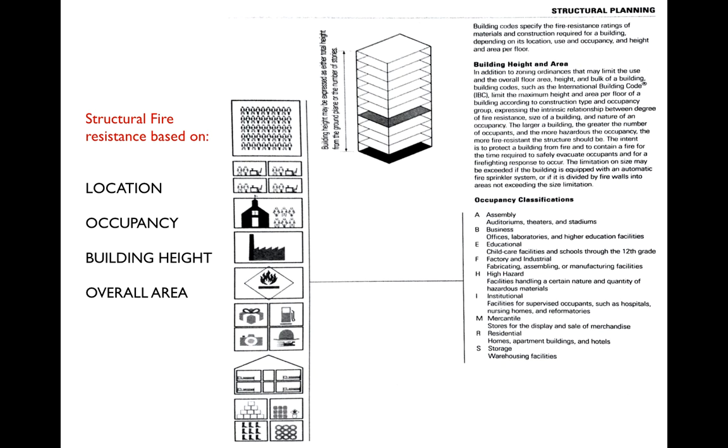And so when we have a taller and taller building, the codes will tell us that that building needs to be made more and more safe, and it needs to focus on containing fires within floors or within spaces on floors, and giving occupants time to get out, giving firefighters time to come in and get up to the level of the fire. And then overall area. We never want to put too much flammable material in one contiguous volume.